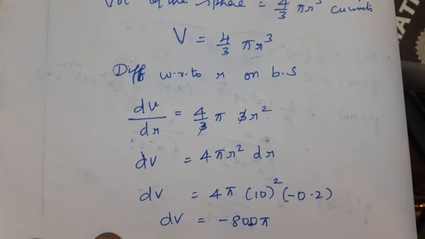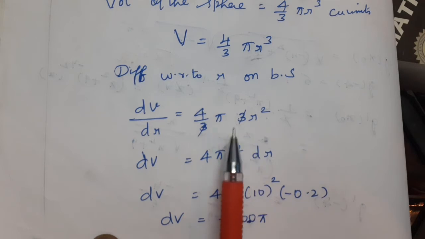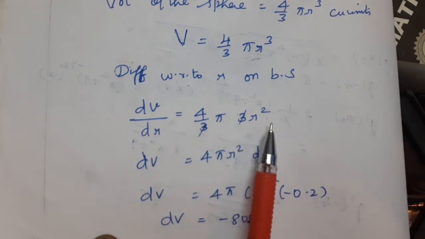This is how we find the change in volume. The formula is V equal to 4 by 3 pi r cube. Differentiate with respect to r on both sides. We get dV by dr, where 4 by 3 pi is constant and r cube differentiates to 3r square.